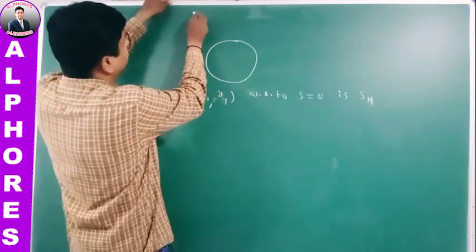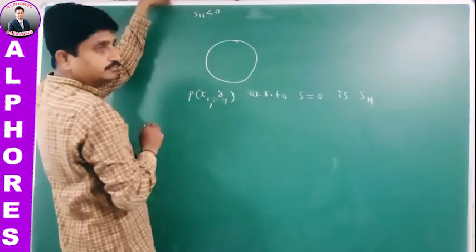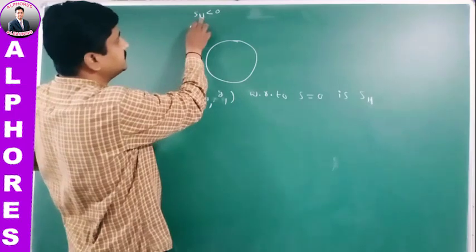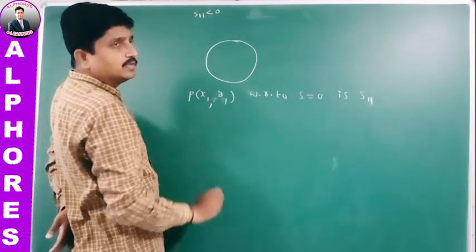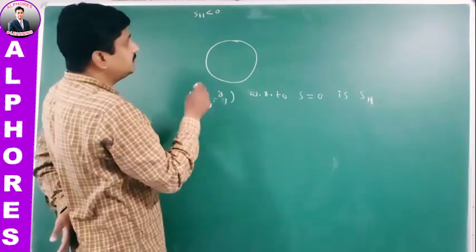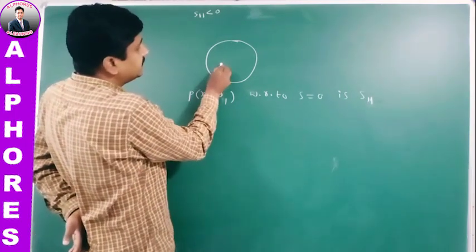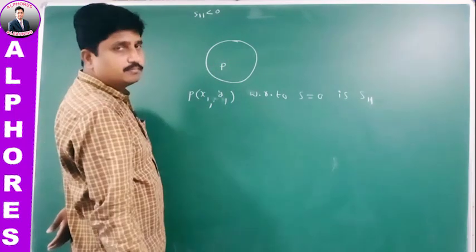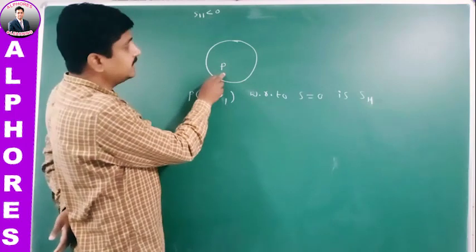Observe here, S11 less than 0. The power of the point P is less than 0. If S11 is less than 0, then the point P lies interior of the circle, inside the circle.